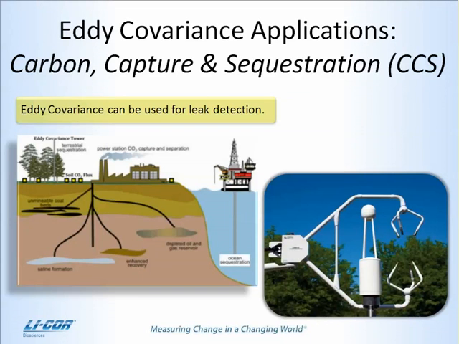We also have applications in regards to carbon capture and sequestration, also known as CCS. In this application, you have power plants that are sinking CO2-rich gas back into the ground. Eddy Covariance can be used as a detection method to try and find leaks back up at the surface.